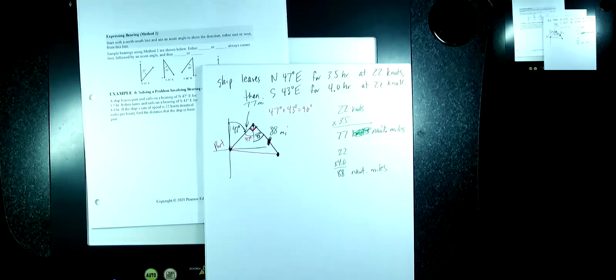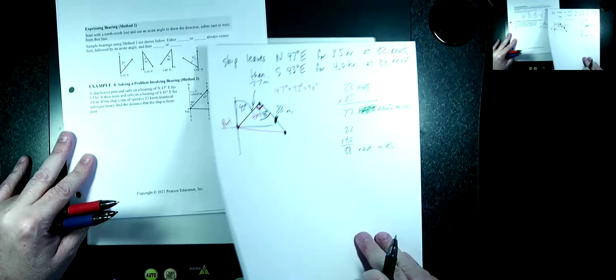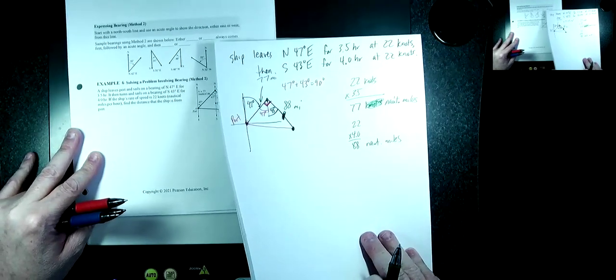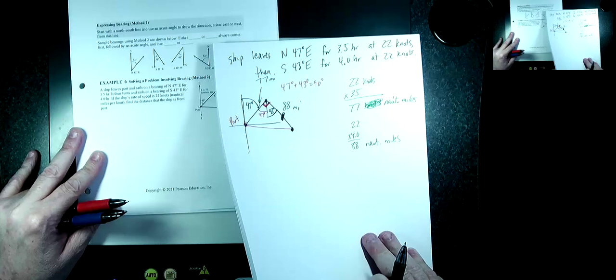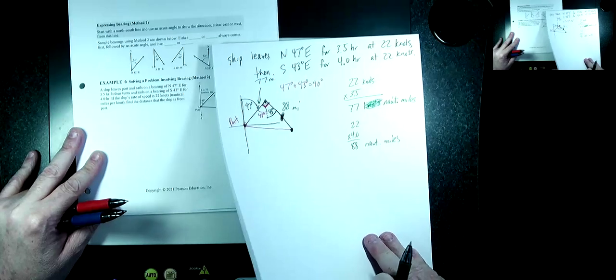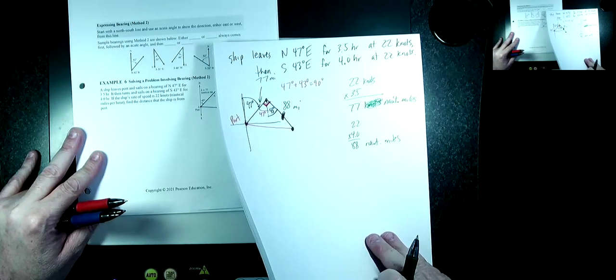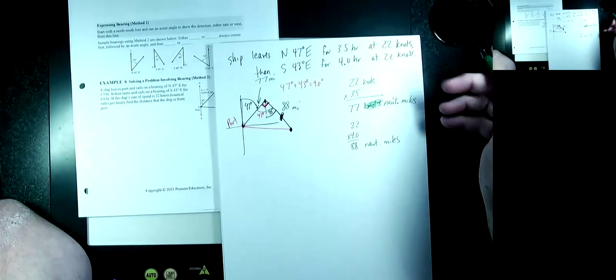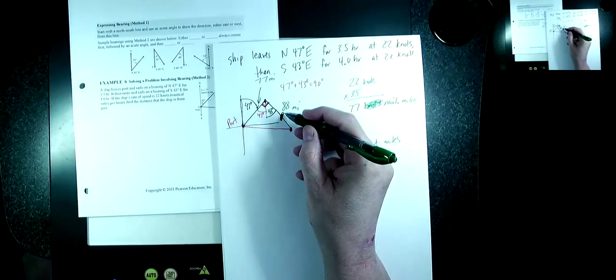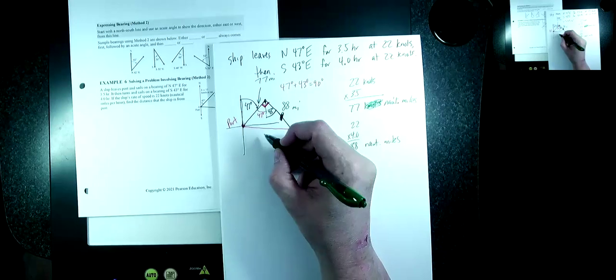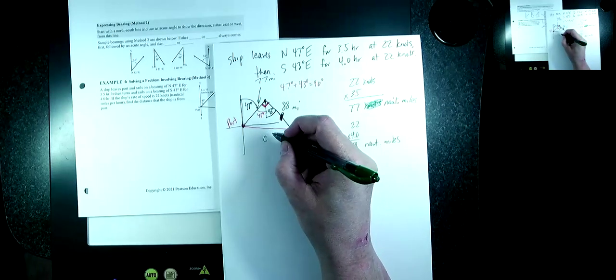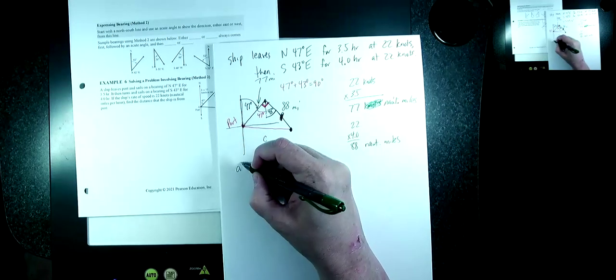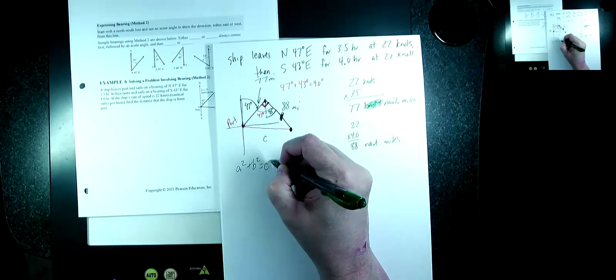All right, so what can we do? Well, we have two sides, and we're looking for side 3. We're looking for a distance. They didn't ask for heading. So we can do a squared plus b squared equals c squared.